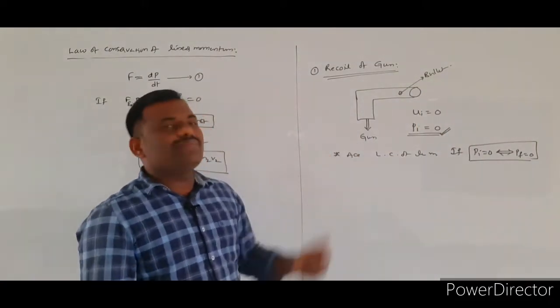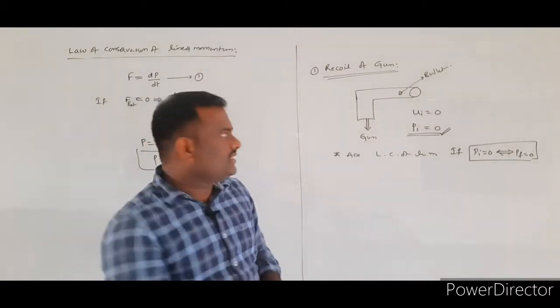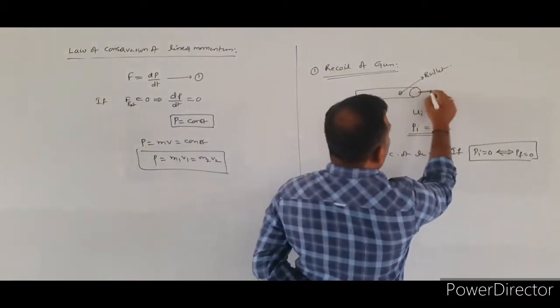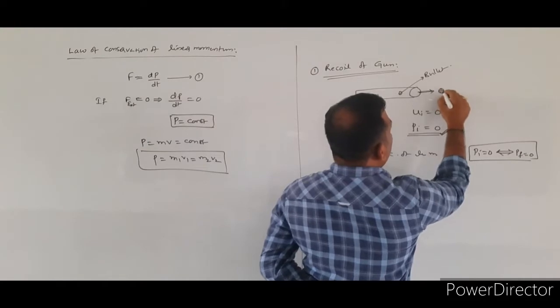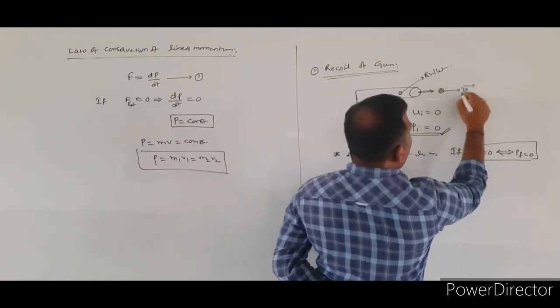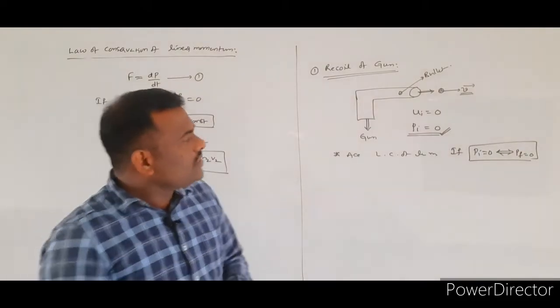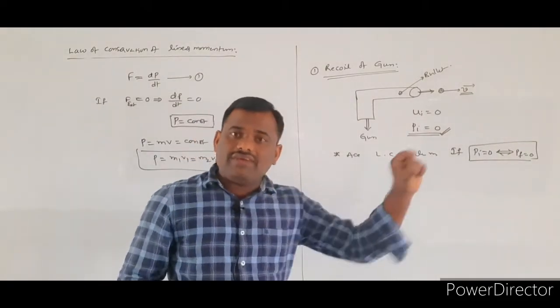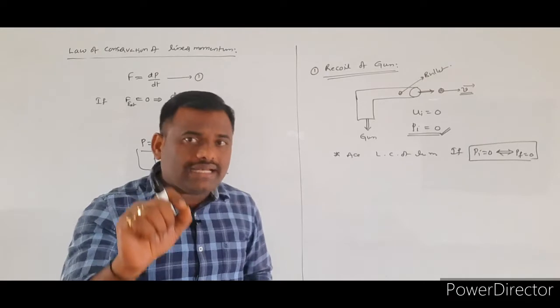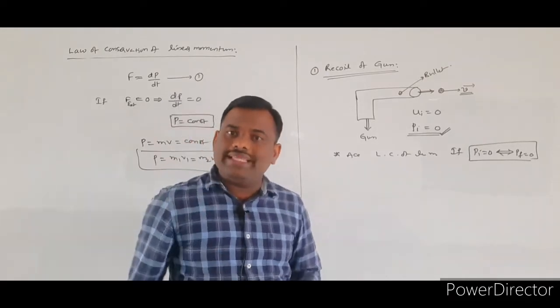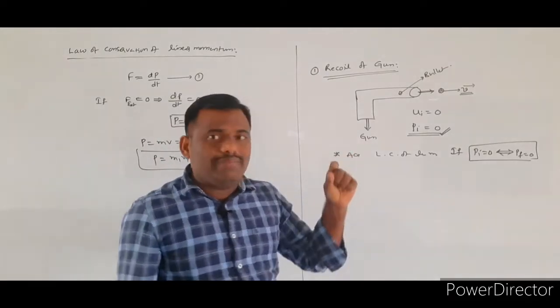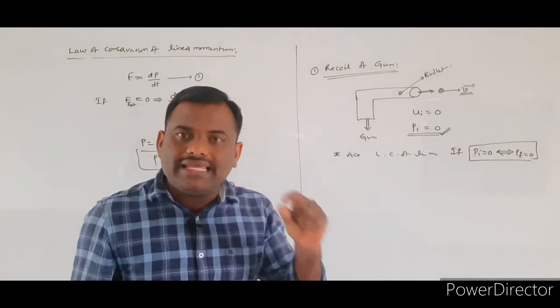Now, we assume that we fire the bullet, and the bullet leaves the gun and moves in the forward direction with a velocity of small v bar. Once the bullet leaves the barrel of the gun, the bullet is in motion, so it has some linear momentum.